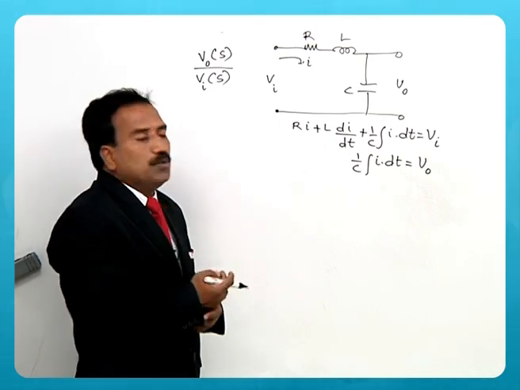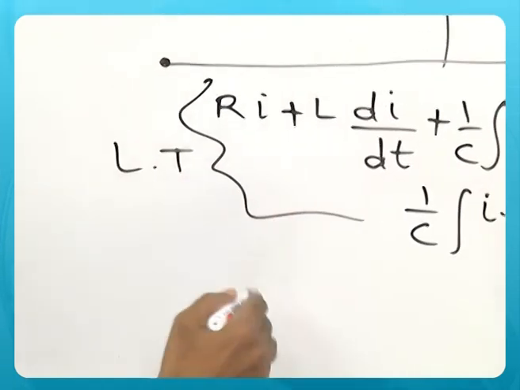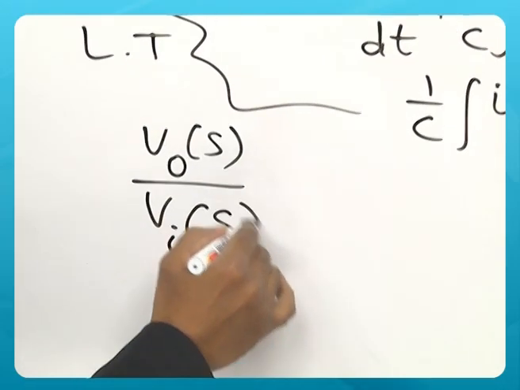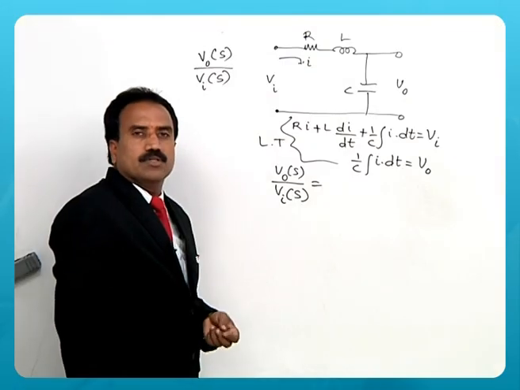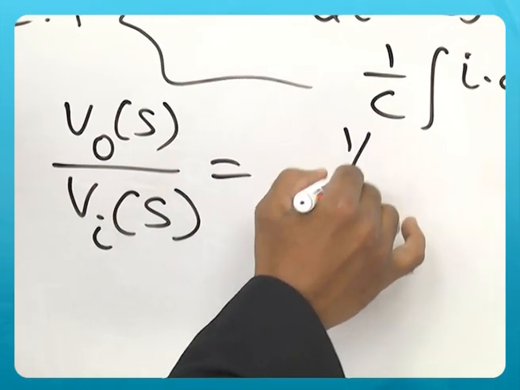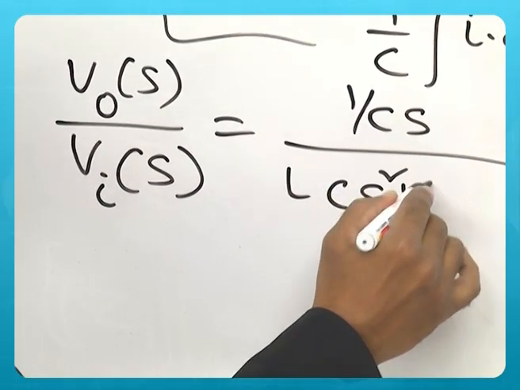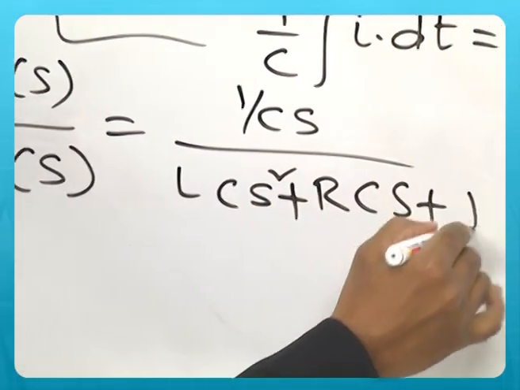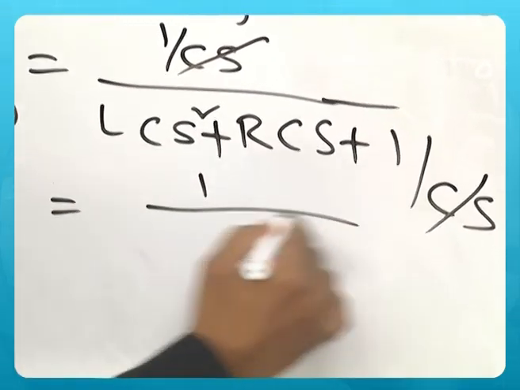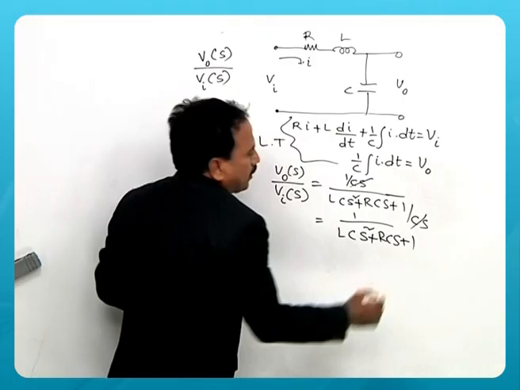Now apply Laplace transform to this, then you will get the transfer function V0 of s by Vi of s. You can eliminate I of s, and what you get here is 1 by Cs divided by LCs square plus RCs plus 1 by Cs. It gets cancelled, so you get 1 by LCs square plus RCs plus 1.